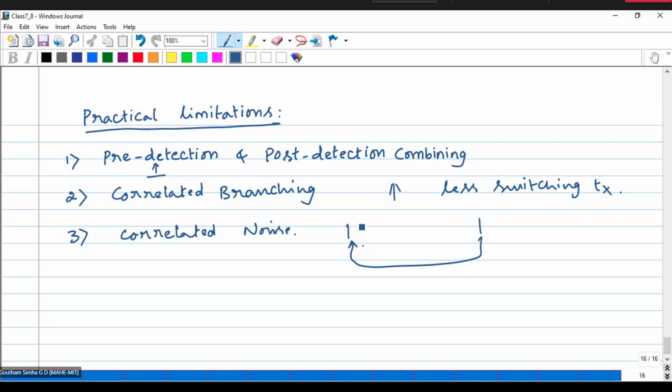If you have proper synchronization between the transmitter and the receiver, and a proper co-phasing circuit, only then will this coherent summation of equal gain and maximal ratio combining work out. Otherwise, if you don't have proper synchronization, that is nothing but the phase lock loop that you have studied, and the phase is not locked properly to your incoming signal, then what happens? There will be successive delays. You might have studied about that: lock range and capture range.